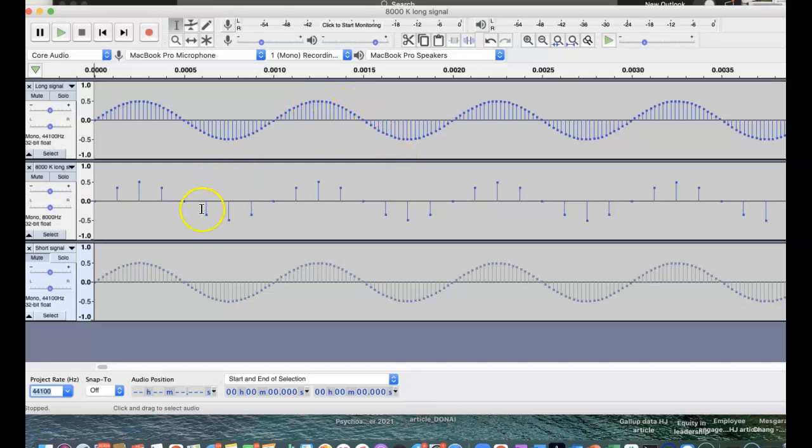So this is a digital signal because there are discrete points in time. This isn't 8,000 hertz sampling frequency. This is a 44,100 hertz sampling frequency. And you can see there's a lot more sampled points in the 44K than the 8K. All right. And then this is a 44K, but just very short in its duration.